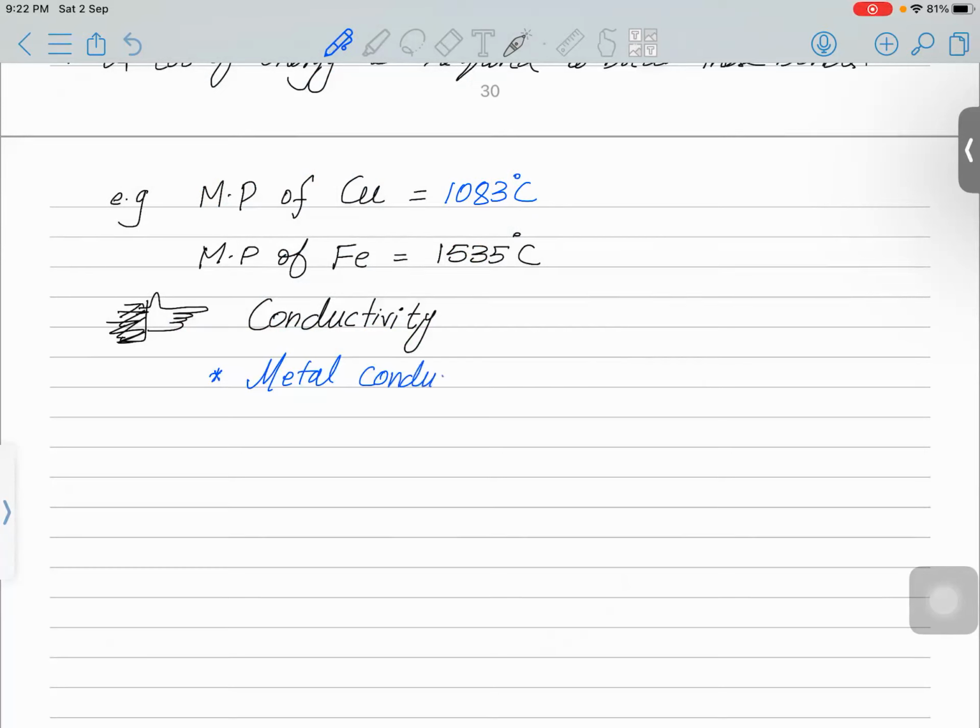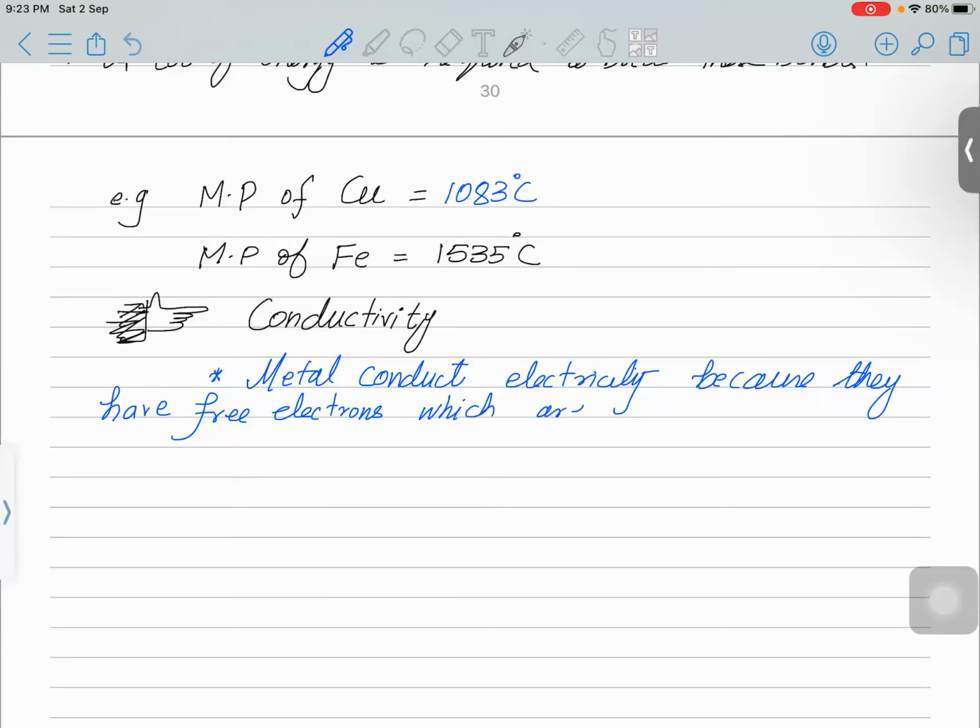Metal conducts electricity because they have free electrons, which are free to move through the metal structure.